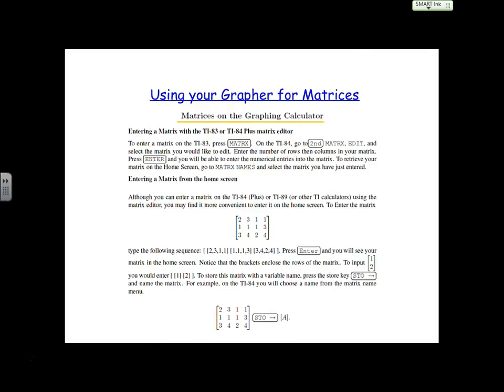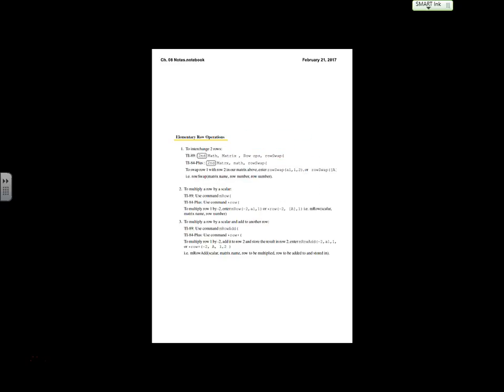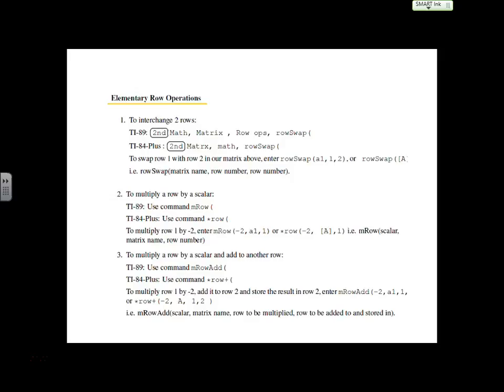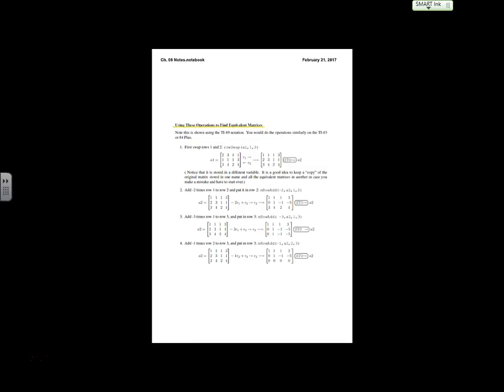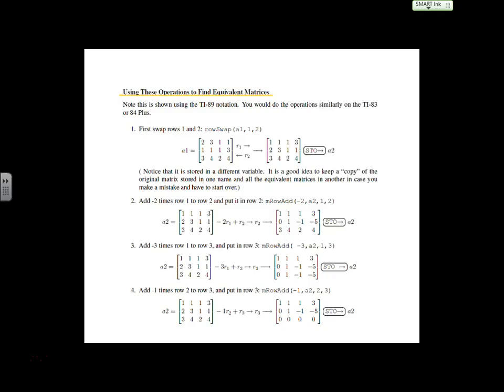So I did put in your notes if you're interested, if you get stuck on a problem and you can't figure out what went wrong. You actually can do things like row swap if you want to change things around. You can do row operations, multiplying rows or adding rows together, etc. But it gets complicated. So I want to let you know it is possible to do row operations on your calculator, but I'm not sure if it's really that much better than just doing careful mental math with it.